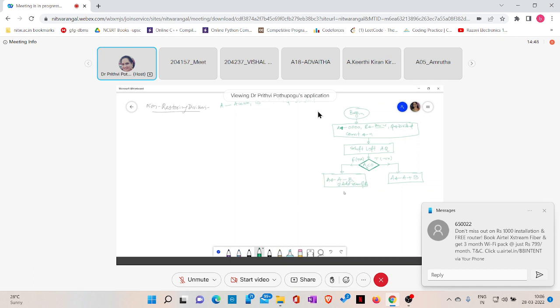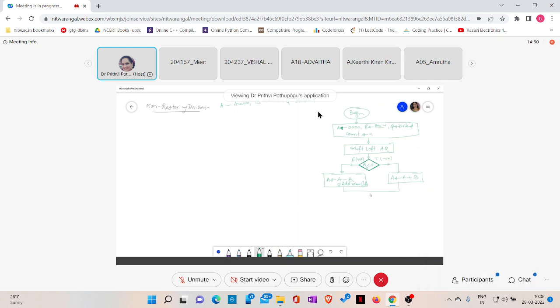After this operation, check again what the value of A is, whether it is greater than or less than 0. So if A is less than 0, that means we are checking whether it is a positive number or a negative number. Okay. So again, false and true.